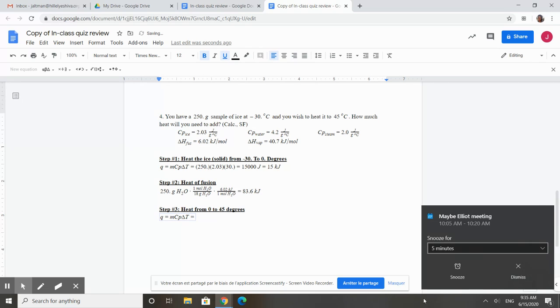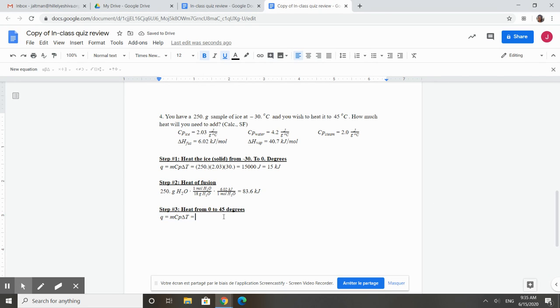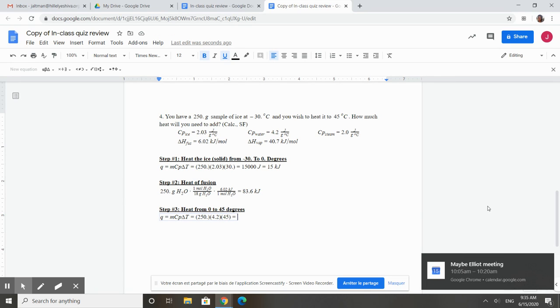And then I just have another Q is equal to MCΔT. This time I need to use the specific heat capacity of liquid water. I round that to 2 significant figures, so I get 47,000 joules, which is just 47 kilojoules.